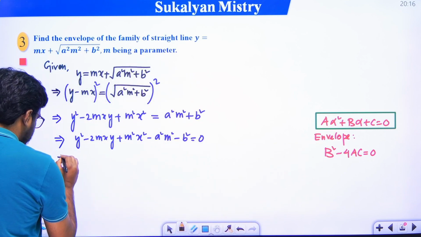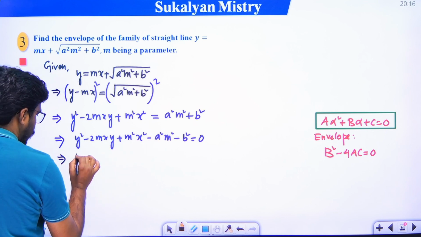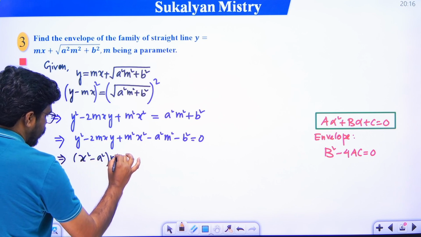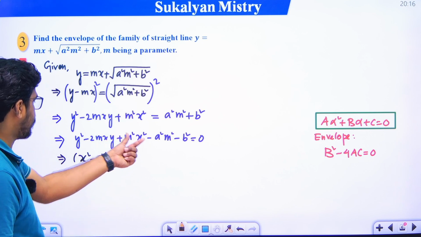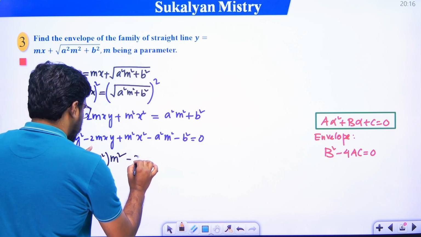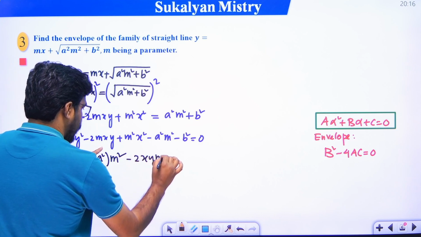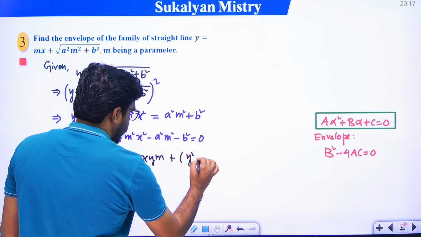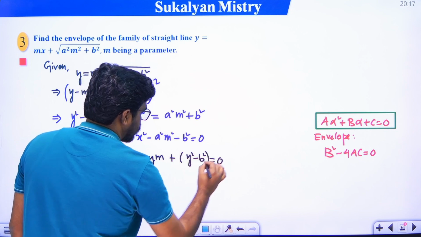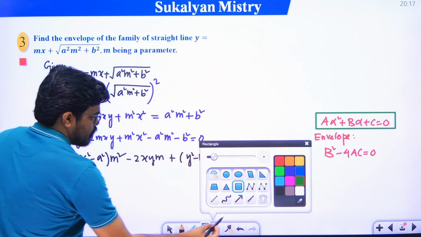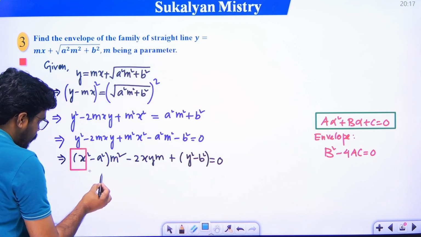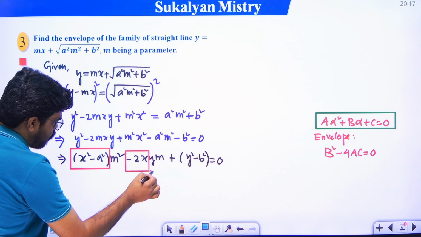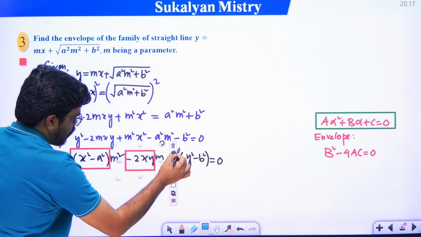So this implies, now taking m common, we get x square minus a square into m square, minus 2xy m plus y square minus b square is equal to 0. Okay, this is a alpha square plus b alpha plus c.